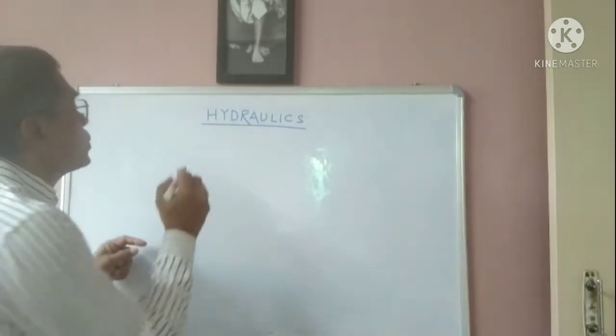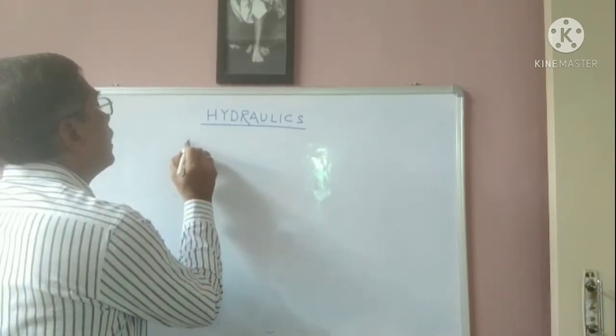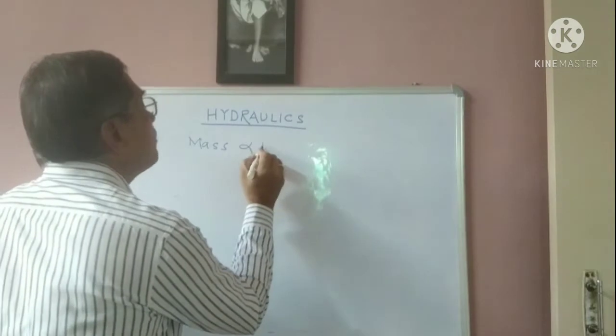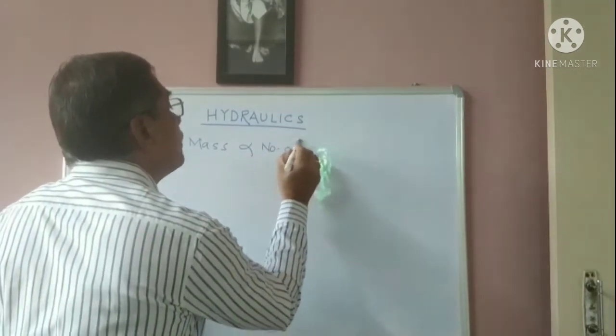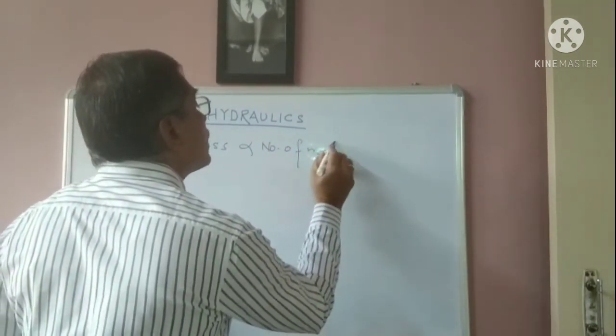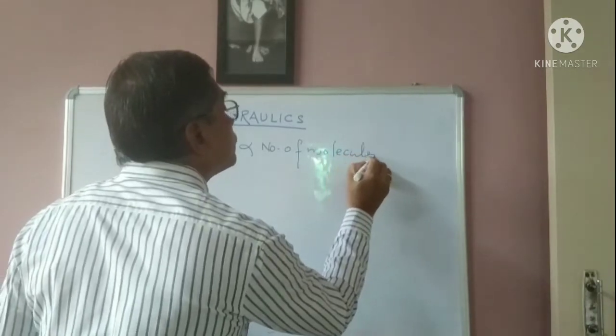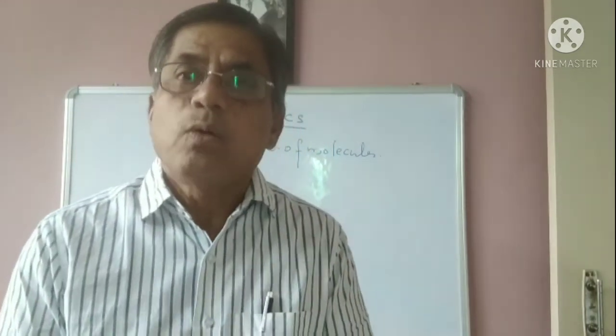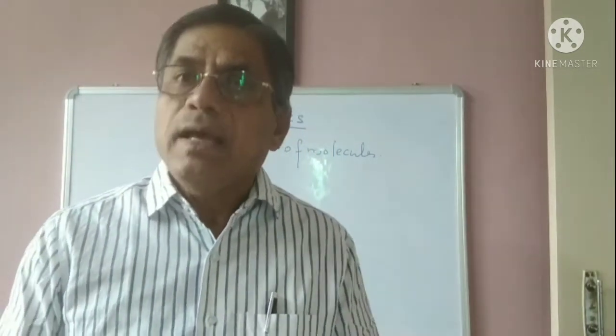So we know that mass is directly proportional to the number of molecules. It means that if the number of molecules are more, mass will be more, and hence if the mass is more, naturally the mass density will also be more.